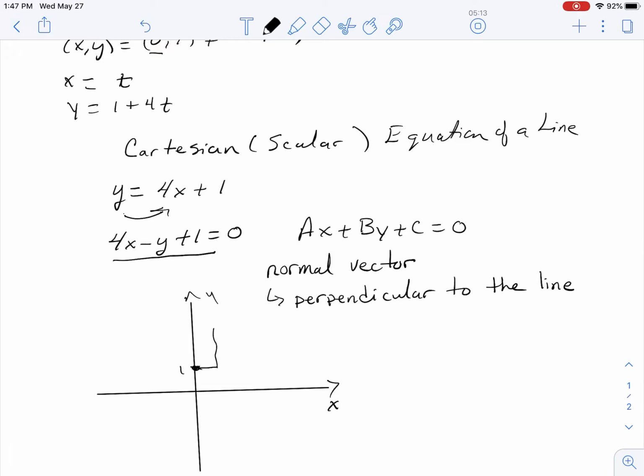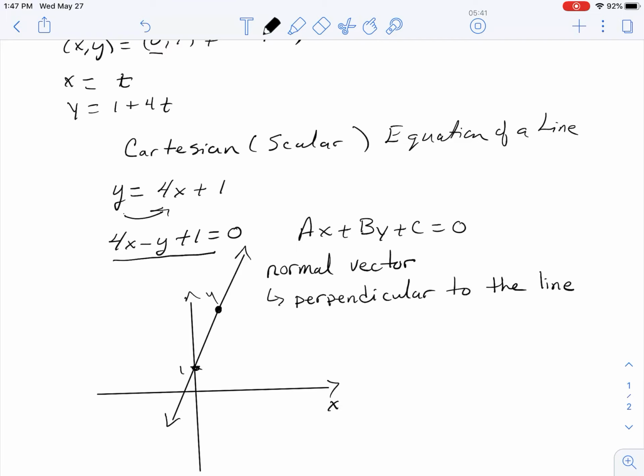So then slope is 4, so 1 over and 4 up. Okay, so somewhere around there. So there's that line, y equals 4x plus 1.